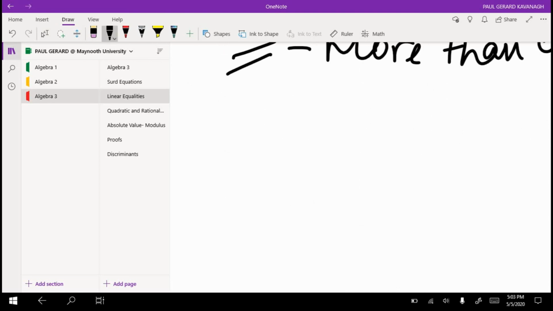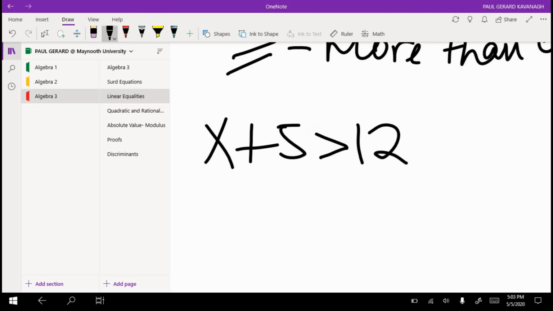So let's see if I can find one. Okay, so let's start off with this one. You have x plus 5 is less than 12. So you know that when you get the solution to this, it's going to be less than 12. What you want to do is find out what the value of x could be.